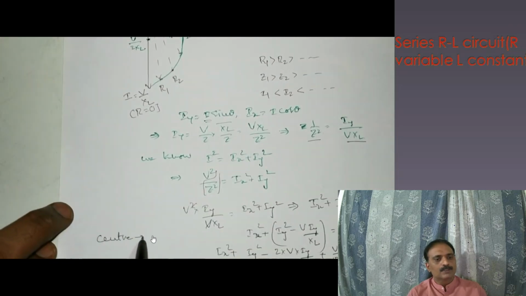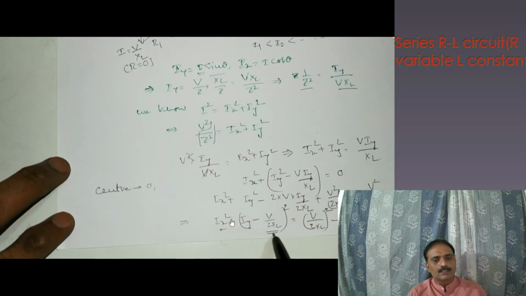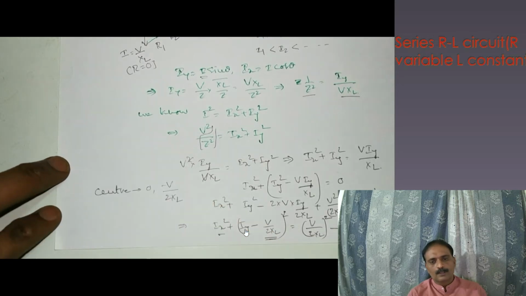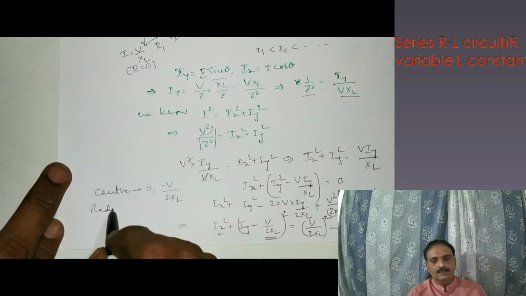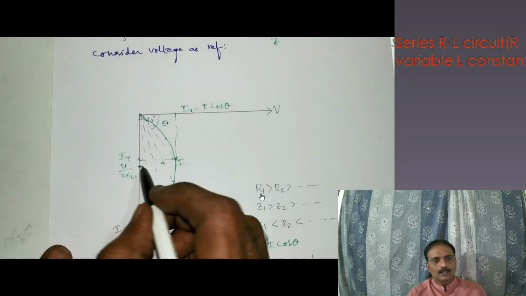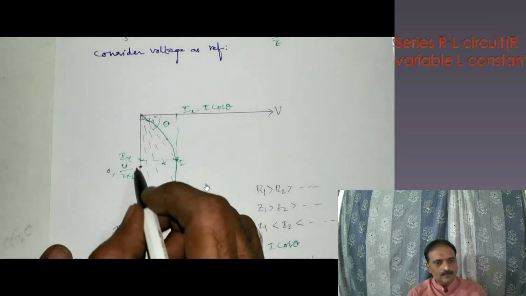So you can observe here the center as 0 comma minus V by 2XL, and the radius is given as V by 2XL. This is only for our understanding purpose we are doing this.